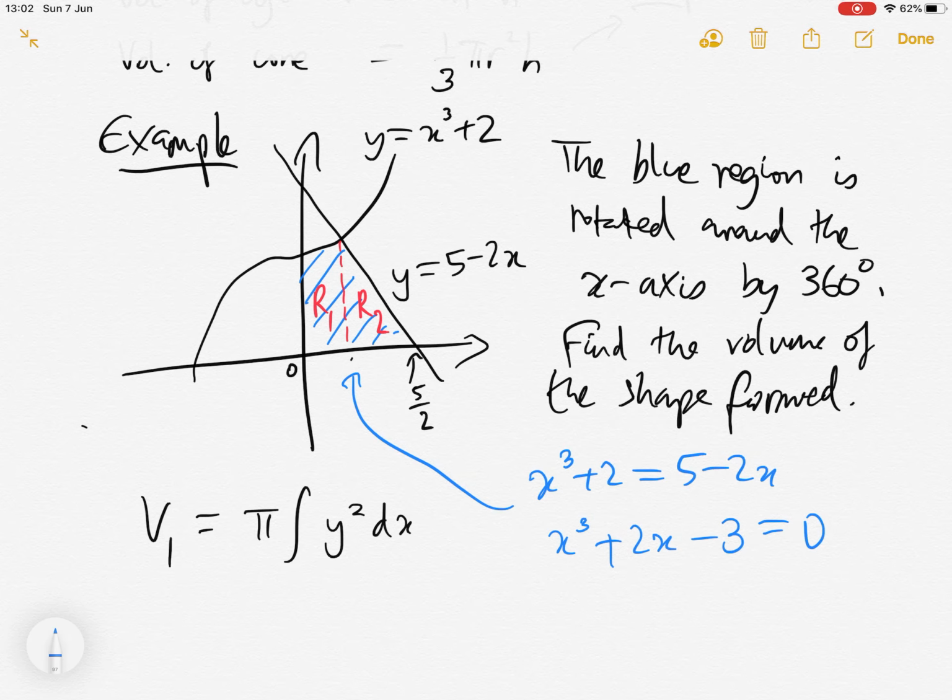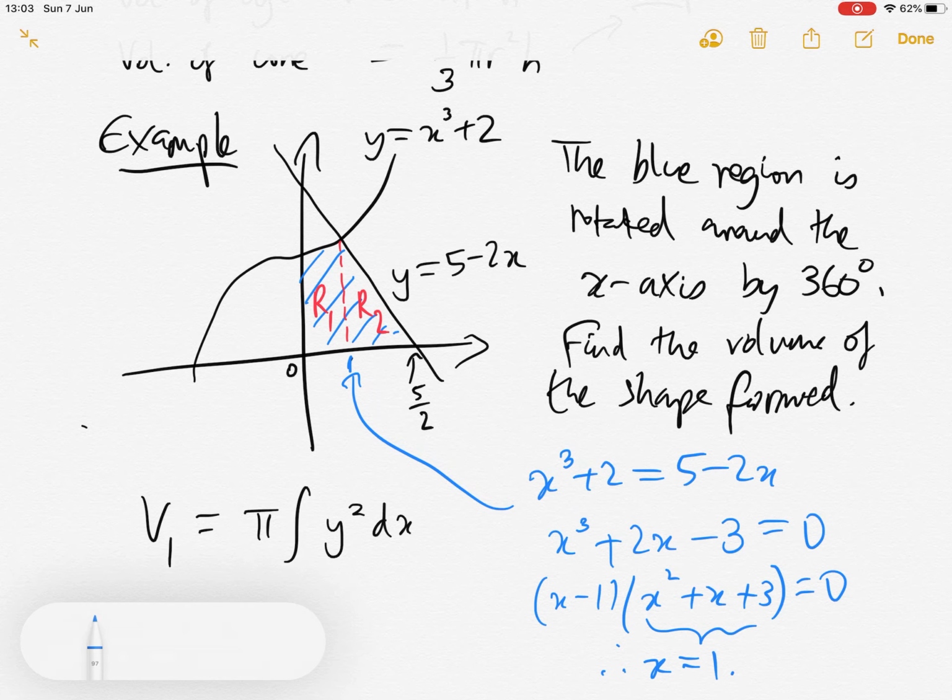Then using the factor theorem, we can see 1 is clearly a solution. 1 cubed plus 2 times 1 minus 3 is 0. So x minus 1 is a factor. And then the other factor, in order to make no x squared, we need a plus x, and then we need a plus 3. Note that this doesn't give us any solutions. So the only possibility is that x is 1. So this x value here is 1.